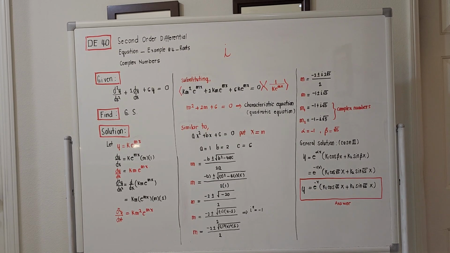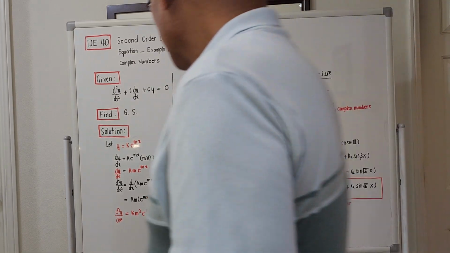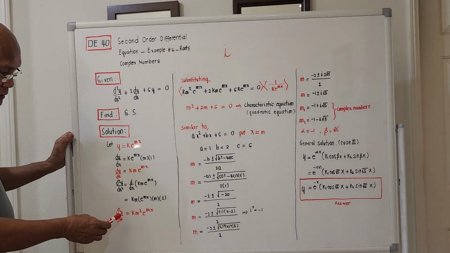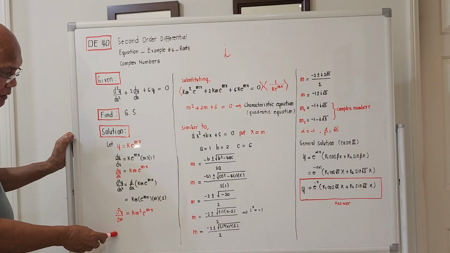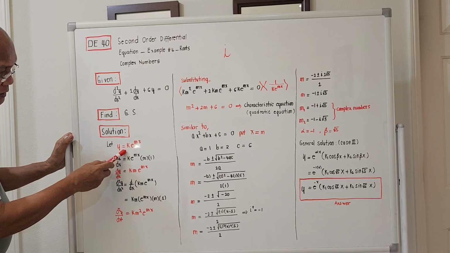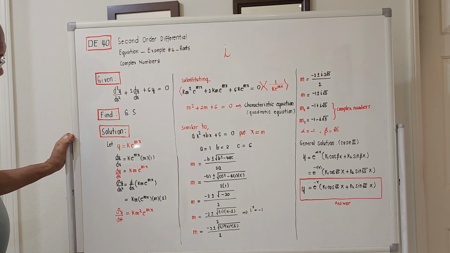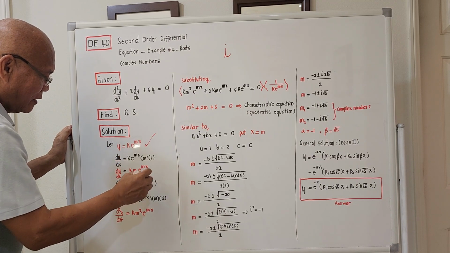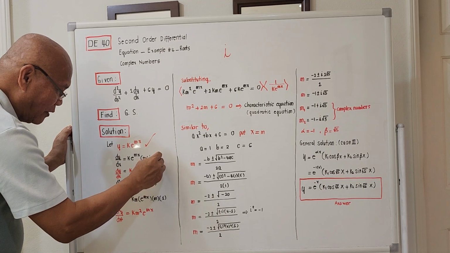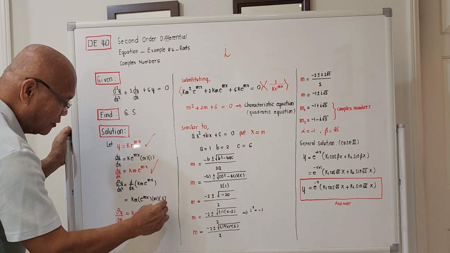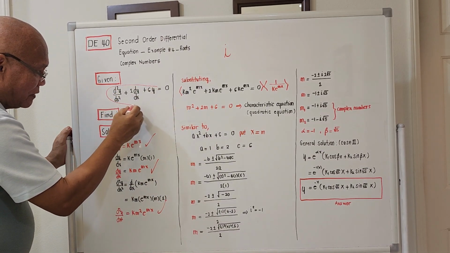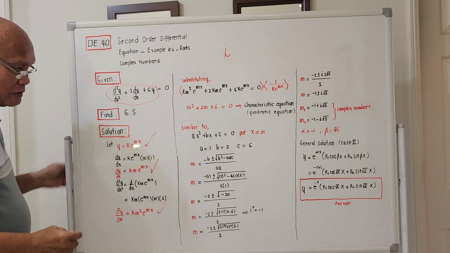Okay, so we are now through with the computation of dy dx and d squared y over dx squared with the given y equal to k e to the mx. We will take these values and place them on the given second order differential equation.